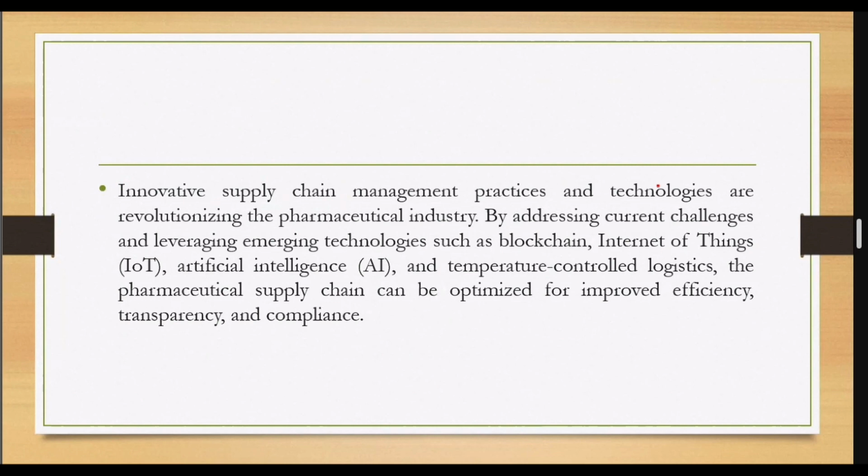From the Indian perspective, 70% of pharmaceutical products depend on API, active pharmaceutical ingredients, and 70% of the raw materials or components come from China. So there was a disruption in the flow of raw material, and production stopped.